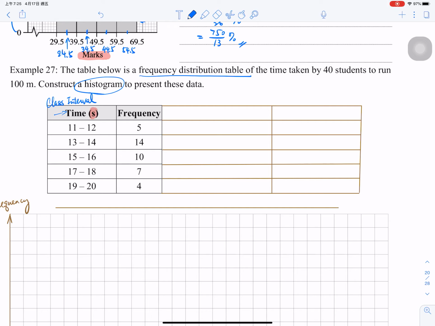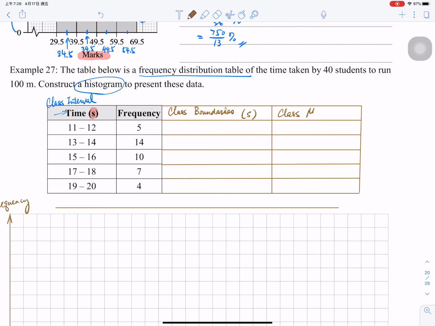So before we start to draw, you must know the class boundaries or class marks. This time, I will write down all of them. Here is the class boundaries, also with the unit second.